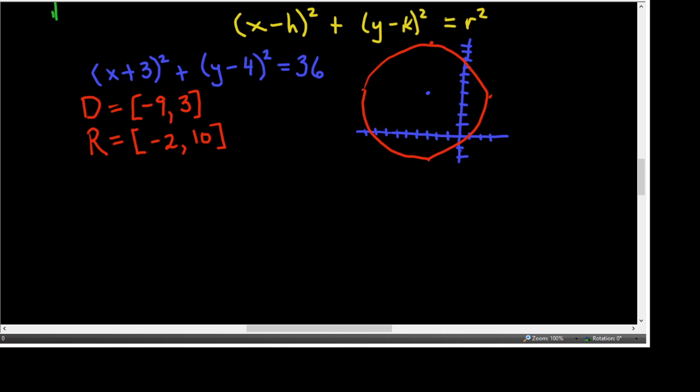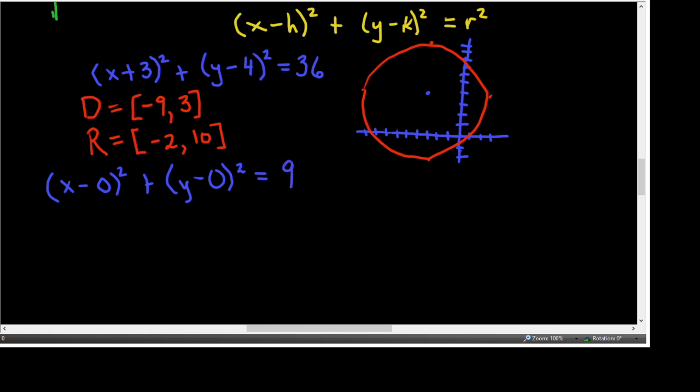The circle is centered at the origin and has radius 3. So that means that the point h, k is 0, 0. So x minus 0 squared plus y minus 0 squared equals the square of the radius, which is 3.